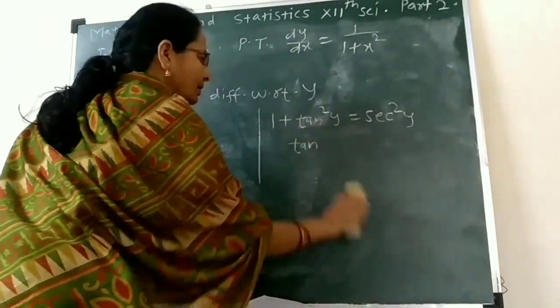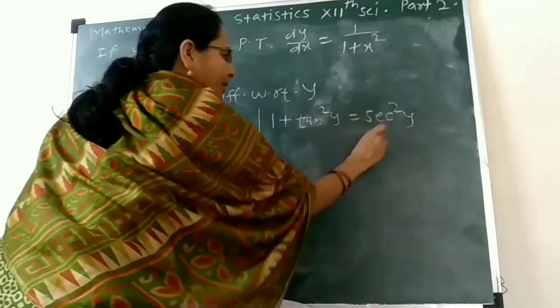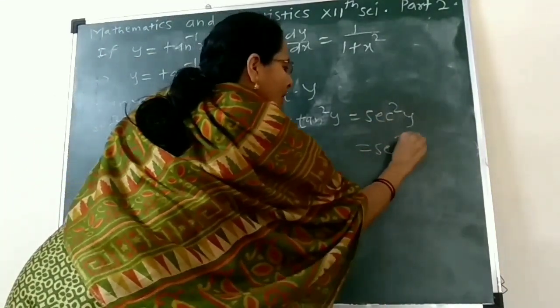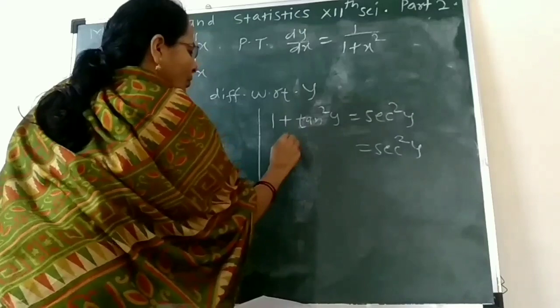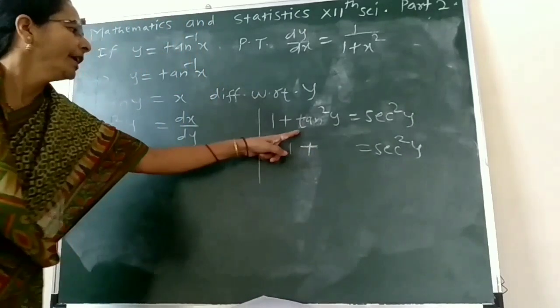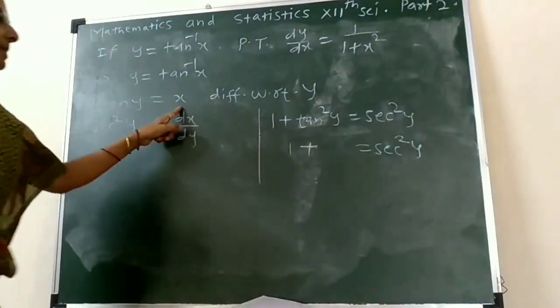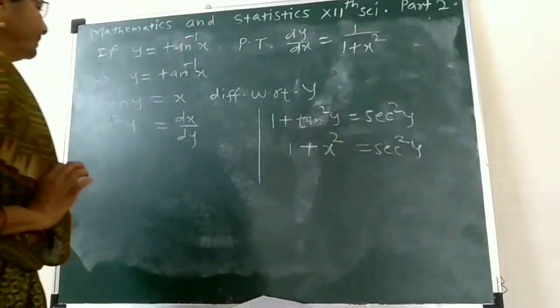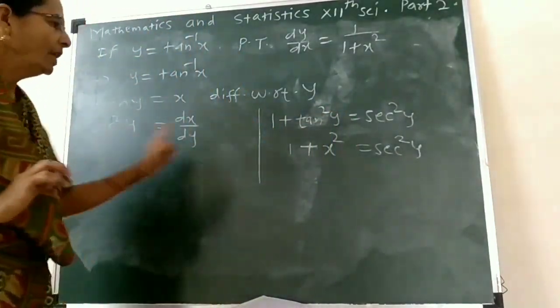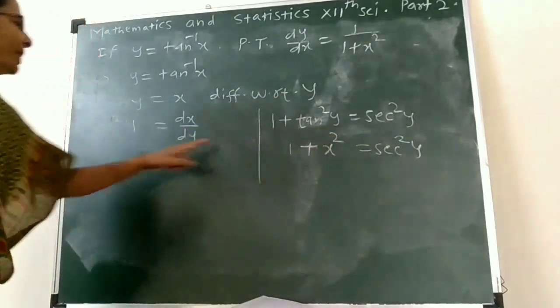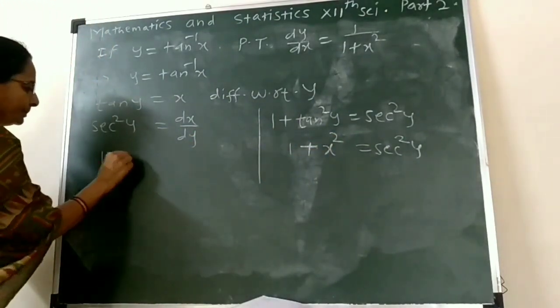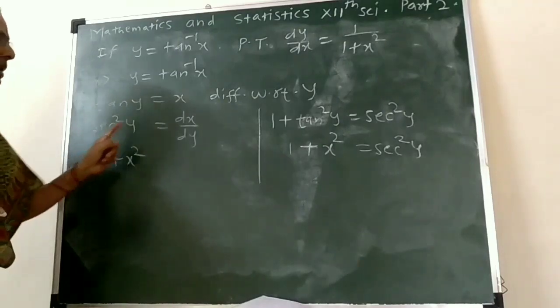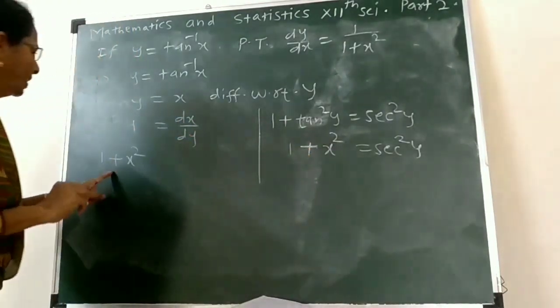We want the value of sec square y, so sec square y is equal to 1 plus tan square y, and tan y is x, so tan square y is x square. Put here the value of sec square y as 1 plus x square.